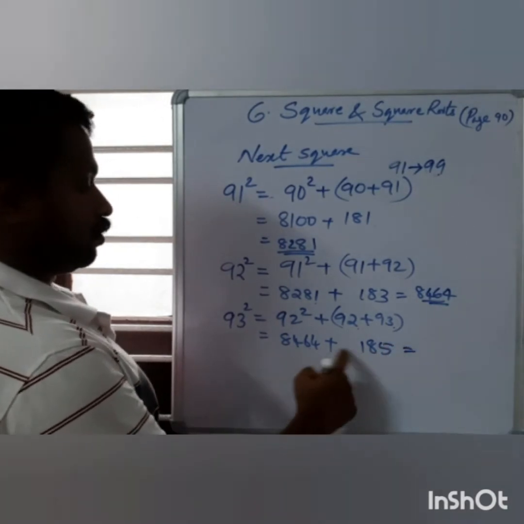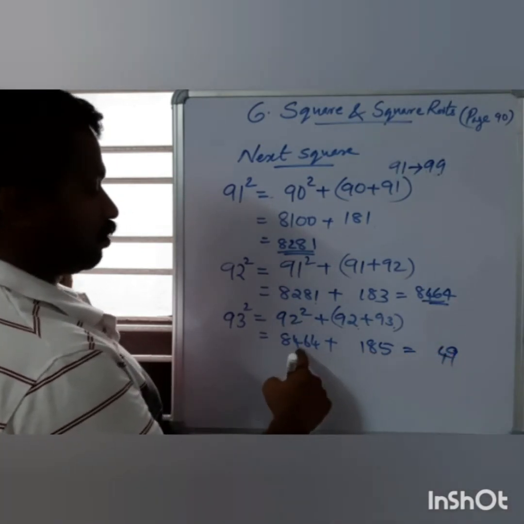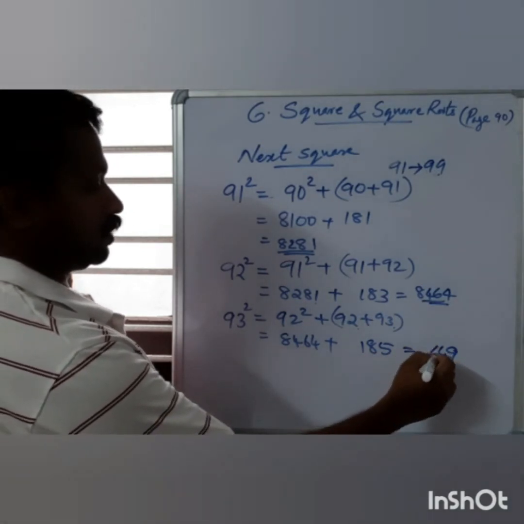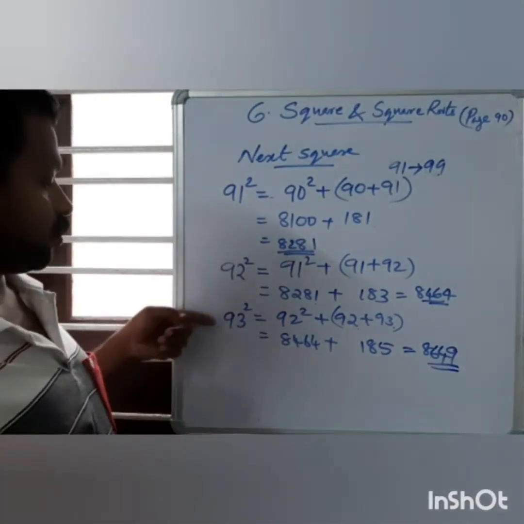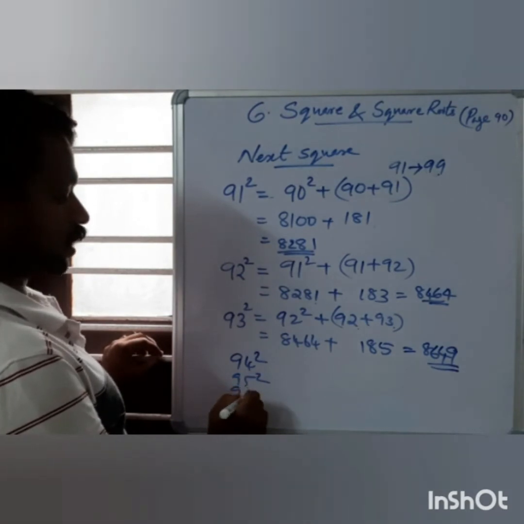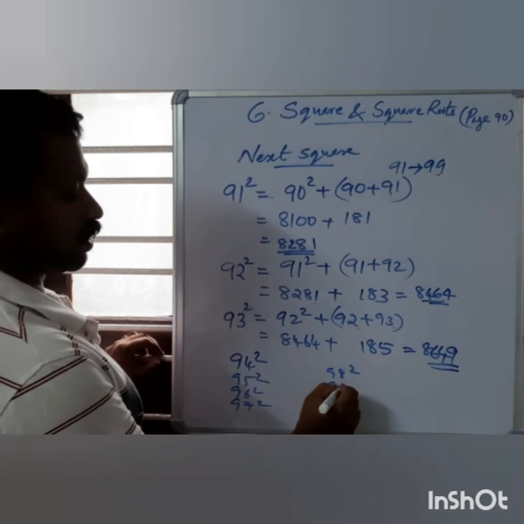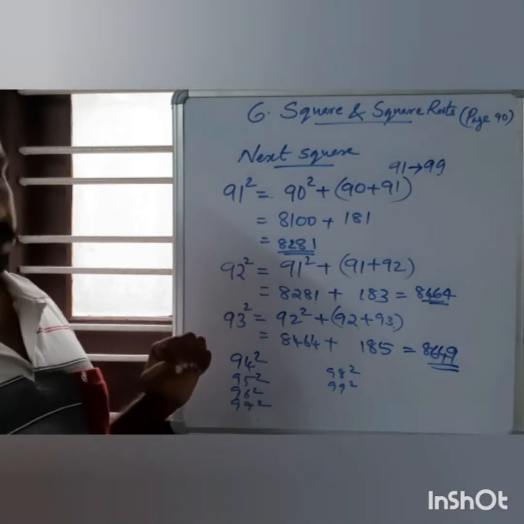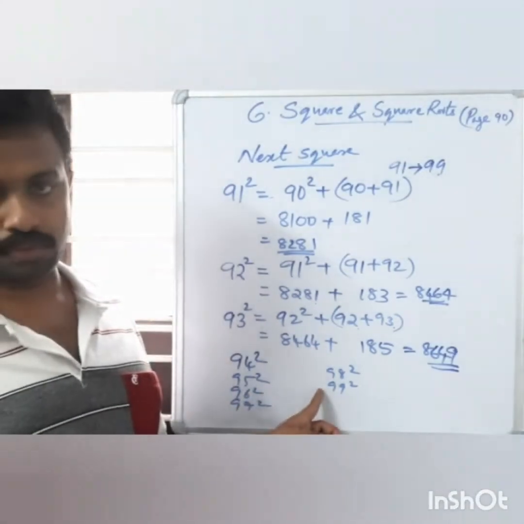So 4 plus 5, 6 plus 8 is 14, so 8, 6, 4, 9. Same way you have to find out 94 square, 95 square, 96 square, 97 square, 98 square and 99 square. So like this we can find out other squares also.